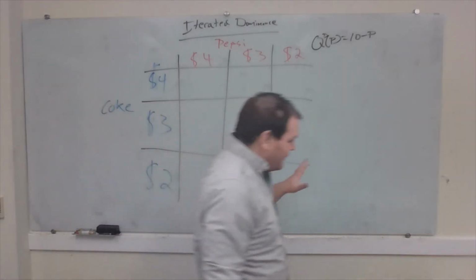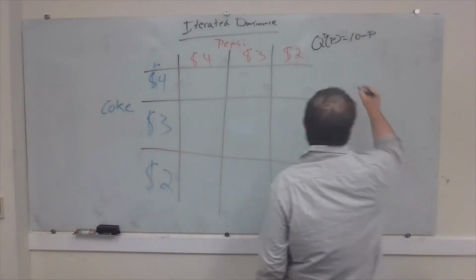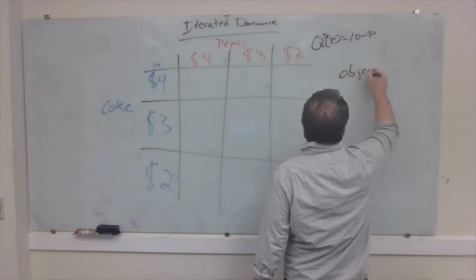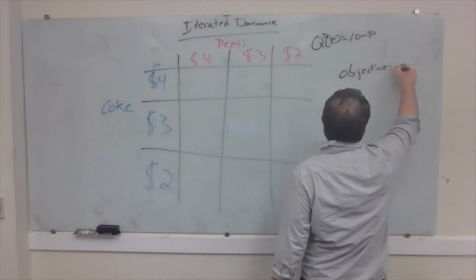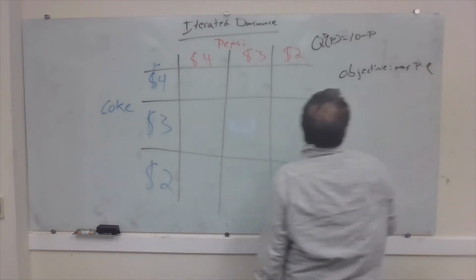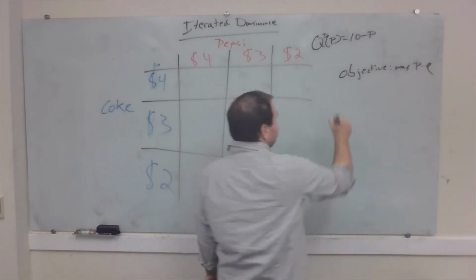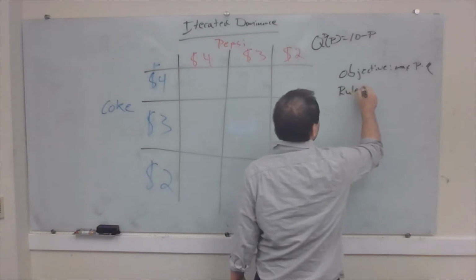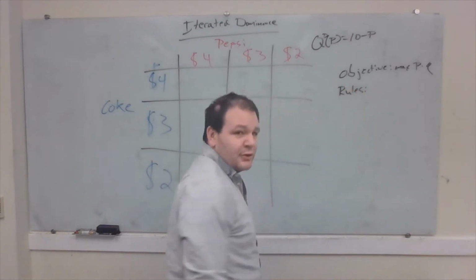So if we think about these rules, our objective is to maximize P times Q, our revenue. They're going to choose their prices simultaneously.